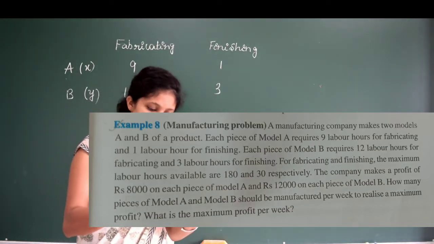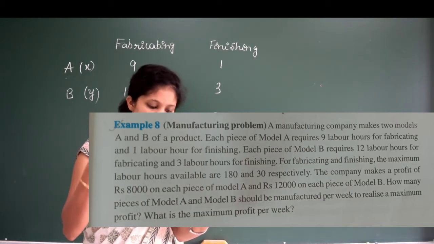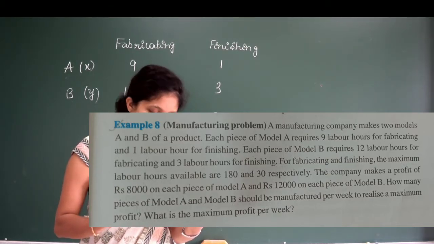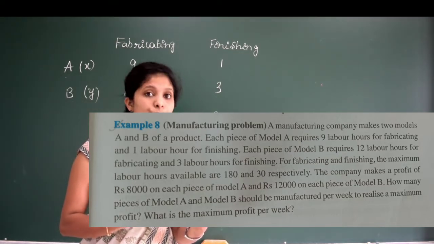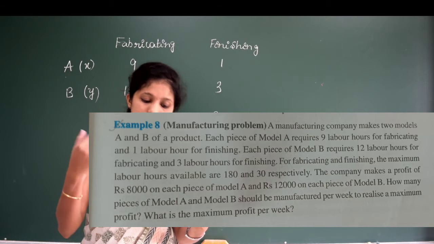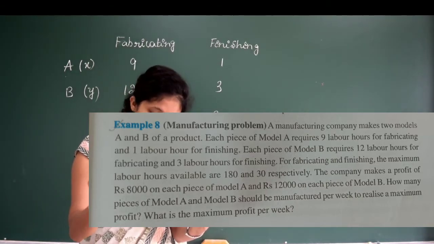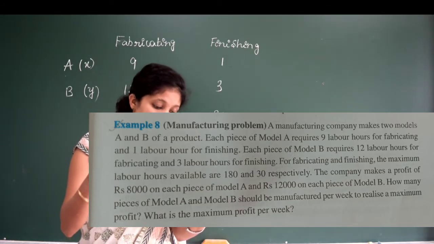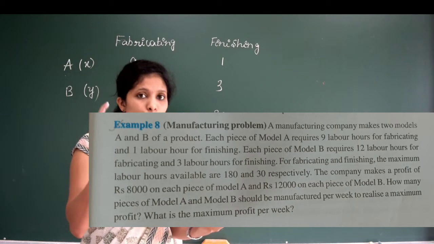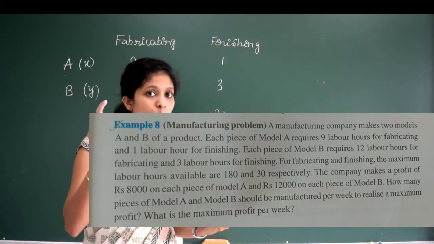Now what is given? The company makes a profit of rupees 8,000 on each piece of model A and 12,000 on each piece of model B. Profit means it will always give you a Z, that is the objective function.